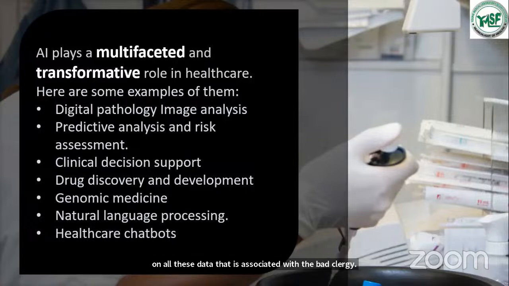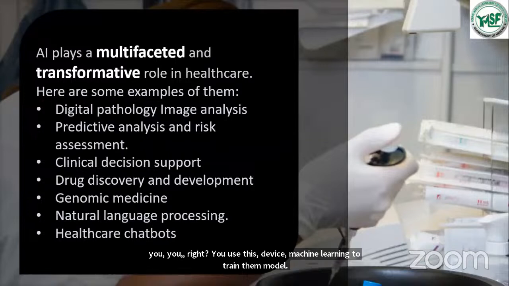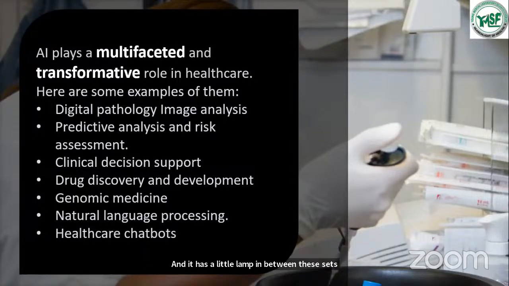You use supervised machine learning to train that model, and it has already learned a mapping between the relationship between a set of markers, of variables, and a particular outcome, which is a particular ailment or disease. So you can train it on those kind of data and then give it new data, right?